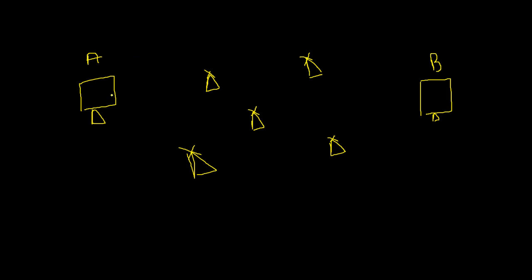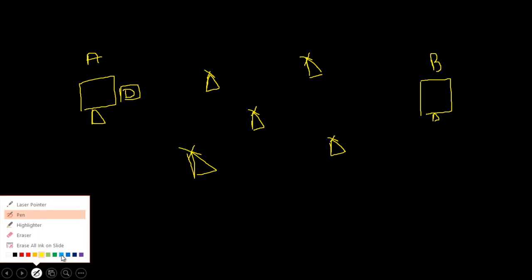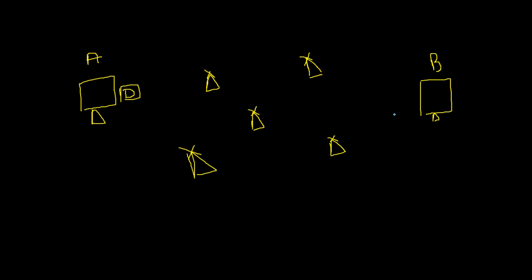Now A has some data, and A wants to send this data to the system B, right? Then what will happen? First a signal from the system A goes to the nearby switching station.